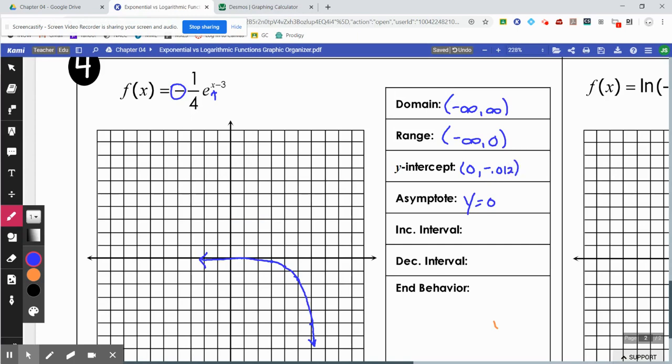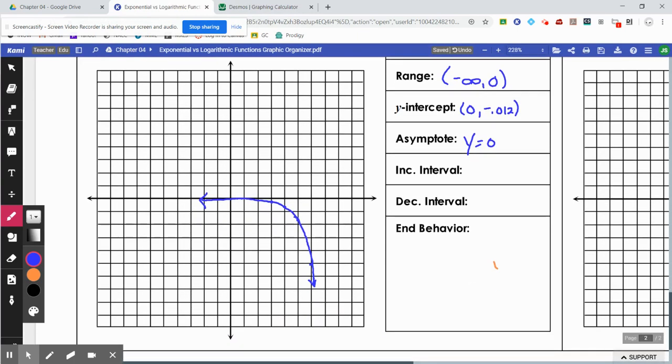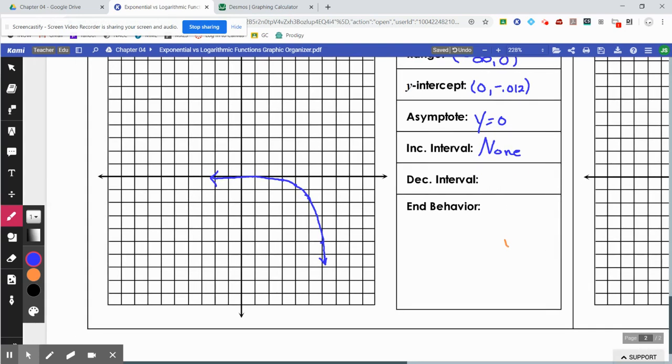You're increasing nowhere because your graph is constantly decreasing from negative infinity all the way to positive infinity. Your end behavior, as you travel to the right on your graph, decreases forever. As you travel to the left, that's where your graph starts leveling off to your asymptote line.